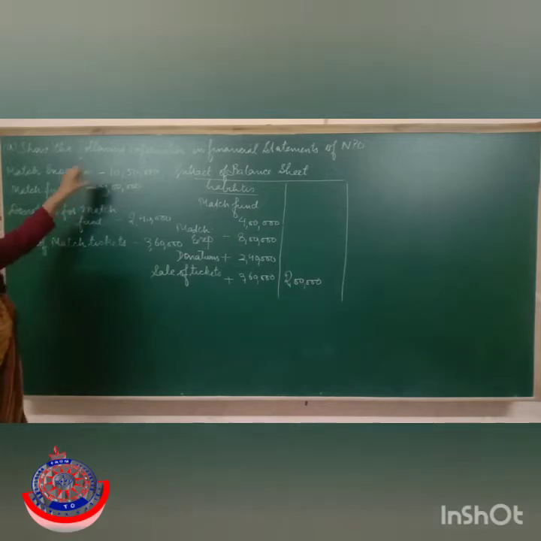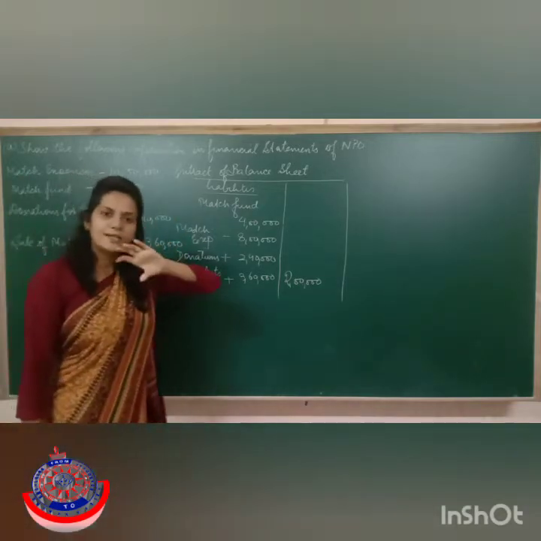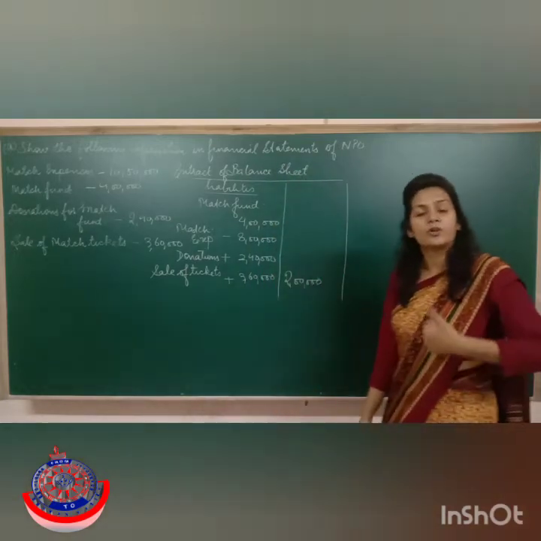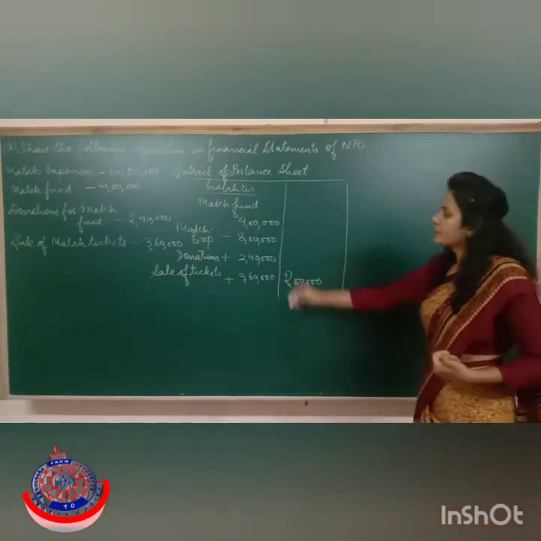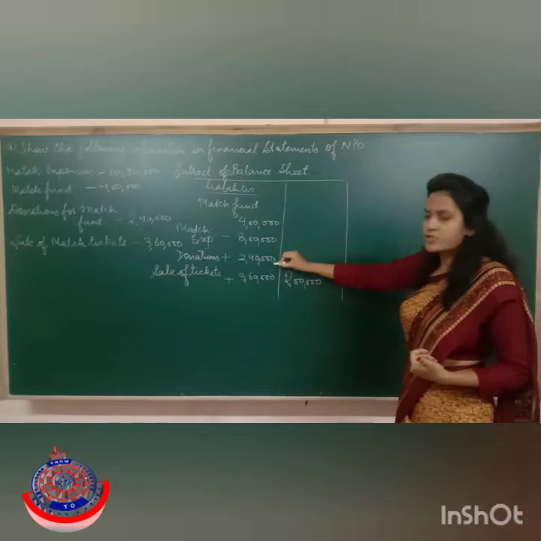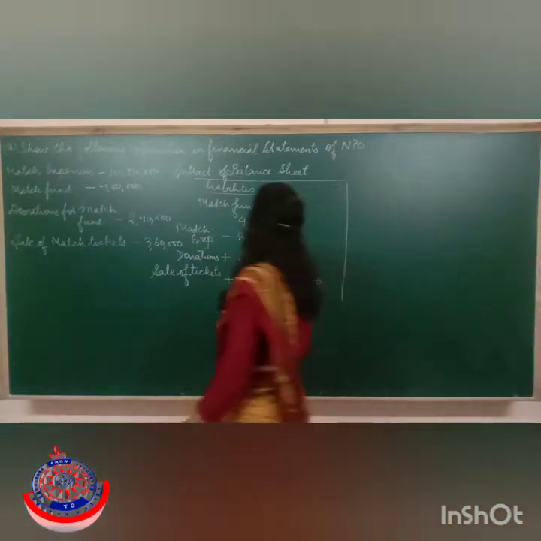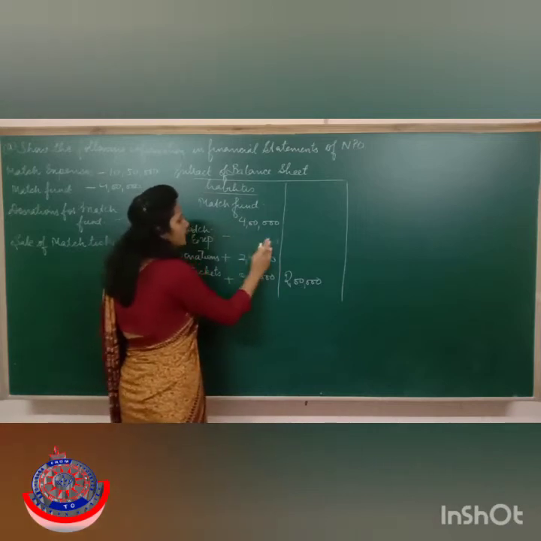The amount of fund, amount of donation, and amount of sale of tickets are the same. Only the match expenses have been increased. Then what would be the effect? Fund will remain same, donation will remain same, and sale of tickets will remain same. Only the match expenses have been increased.